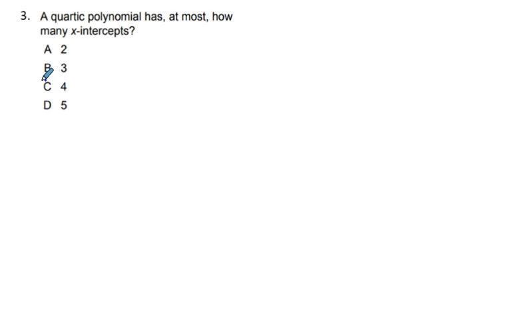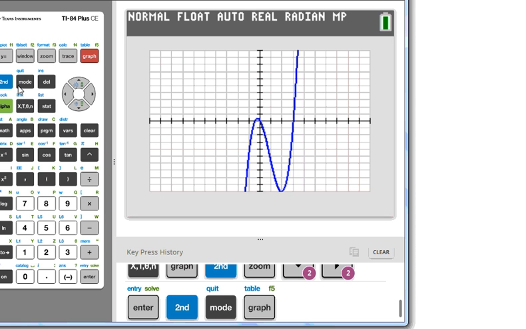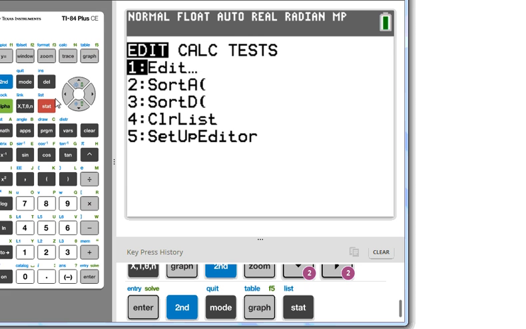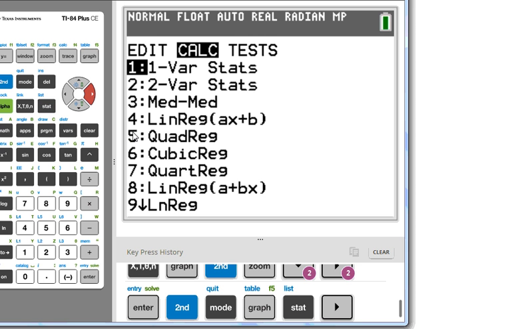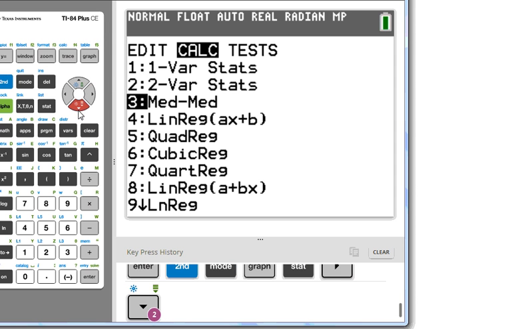The answer to this one is 4, which is C. When you do this in your calculator, on your calculator, if you go to Stat, Calc, and see what's happened here.